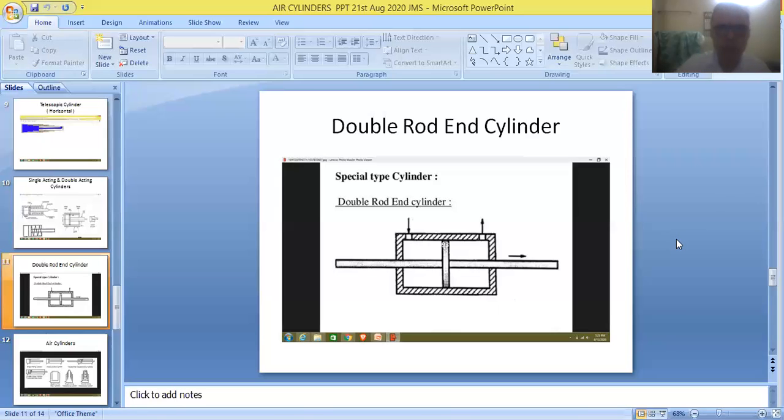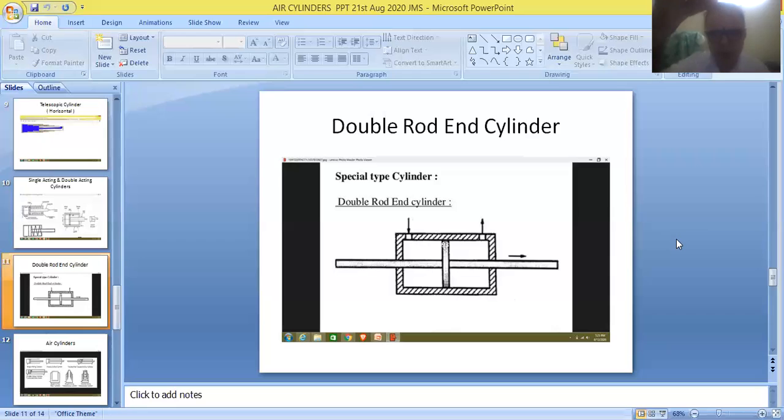But here, one more piston rod is placed on the left hand side of the piston. So it is provided with two piston rods. Obviously it is referred to as a double rod end cylinder. These two rods are very essential for operating duplex and tandem cylinders.